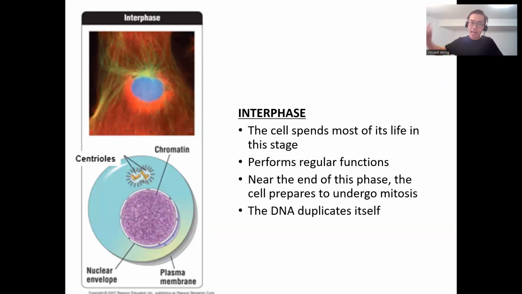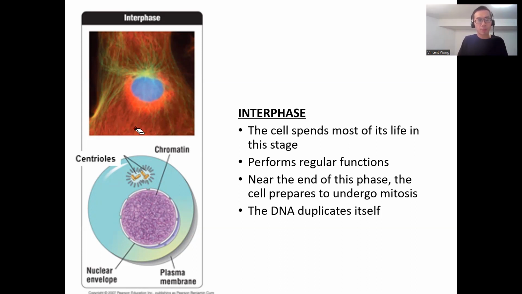By the end of interphase, it would have gone through the checkpoints, right? The G1, that the quality of the DNA is good, and then it copies the DNA, and then it goes through G2 to see whether or not the copying was successful, if you made any mistake. And if all goes well, then it's able to move on and divide.